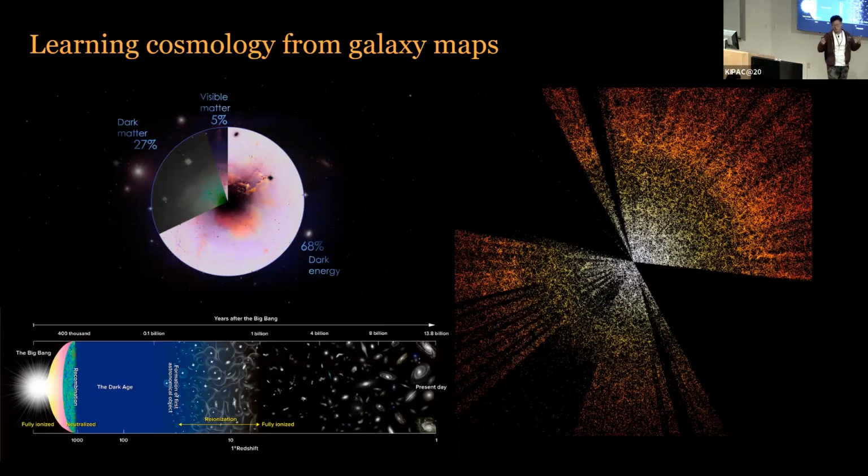But probably the most mature way of going after the distribution of mass is through the positions of galaxies. That's why we built these very expensive experiments such as DESI and Rubin, to map out the positions and properties of millions and billions of galaxies in the universe.